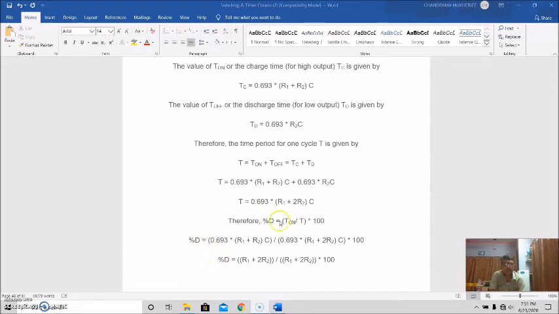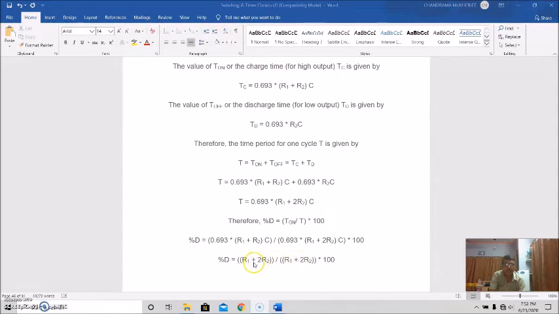If you put this value here, percentage D will be 0.693 into (R1 plus R2) into C divided by 0.693 into (R1 plus 2R2) into C, into 100 to convert it into percentage. C cancels out, so it will be actually, see, there is a mistake here.